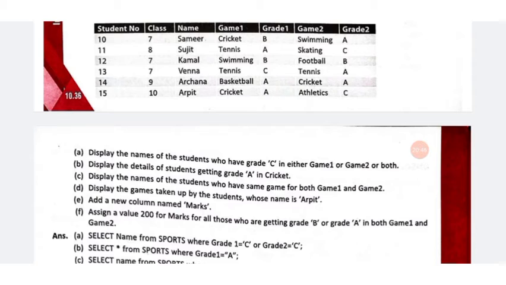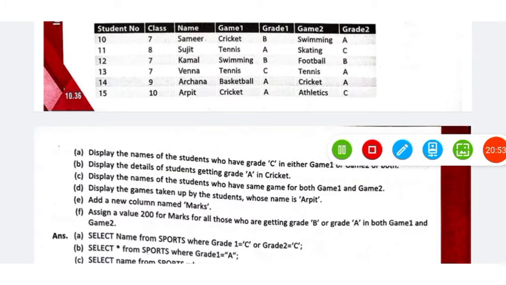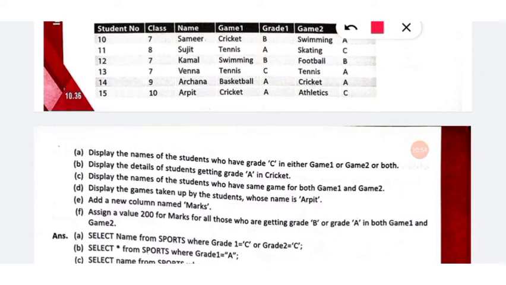That is, here we have to check whether the students have grade C in game 1 or game 2 or both. So we have three conditions here. That is, in game 1 if there is grade C, then also select. If in game 2 there is grade C, then also select. If in both there is grade C, then also select.